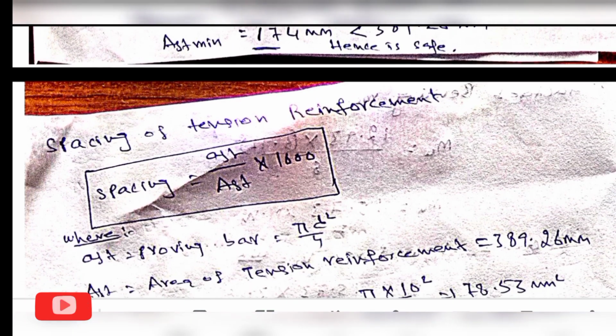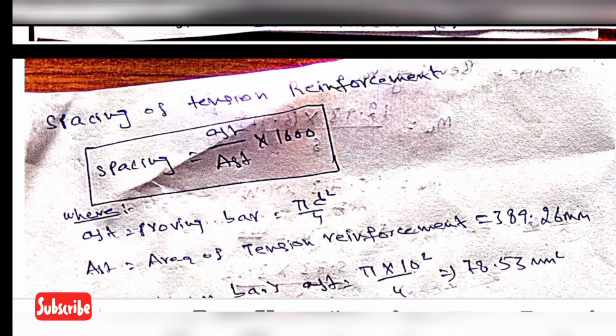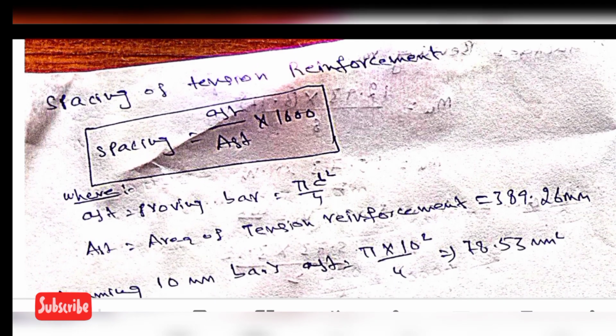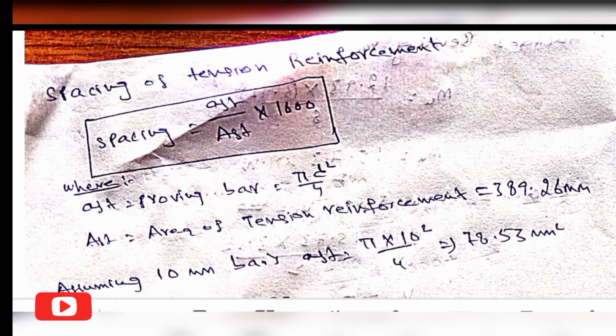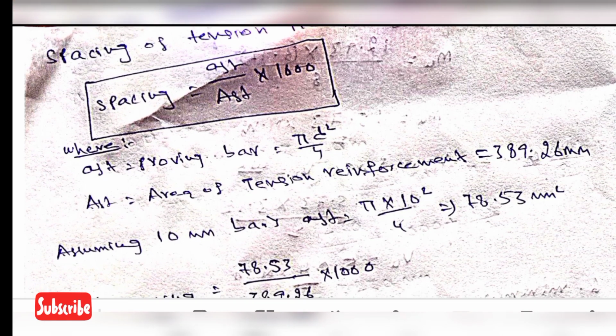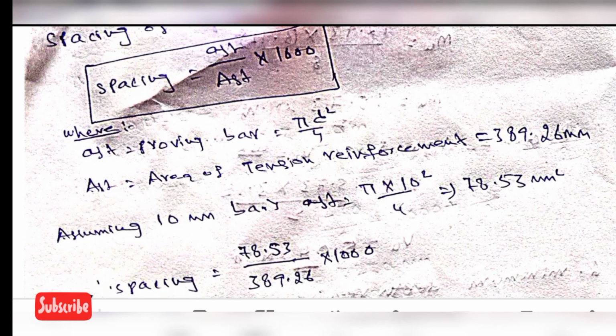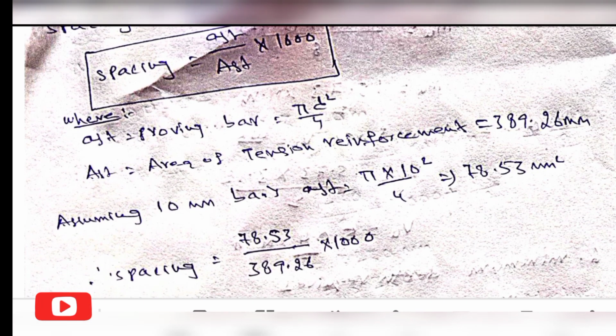Then the AST is safe. Then tension reinforcement spacing. Spacing is equal to small ast by capital AST into 1000, where small ast is the provided bar area.